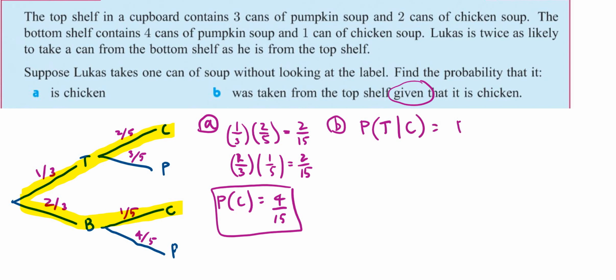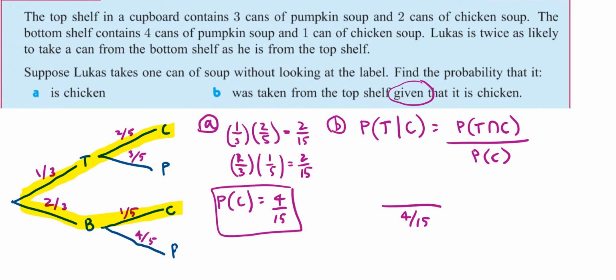So that means I need the probability of top shelf and chicken, all divided by the probability of getting chicken. So it's pretty convenient that we answered question A already, because our universe is going to be all of the different ways that you could just get chicken, which we already figured out was 4/15. So the bottom of our denominator is 4 out of 15.